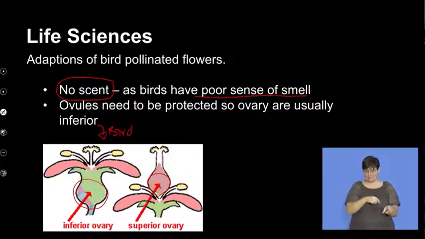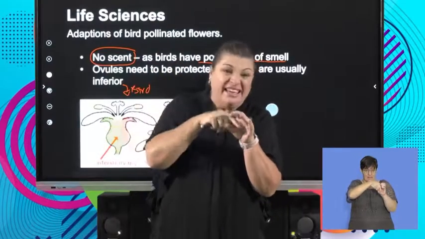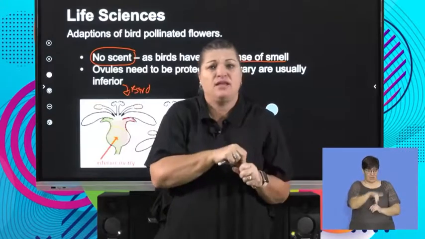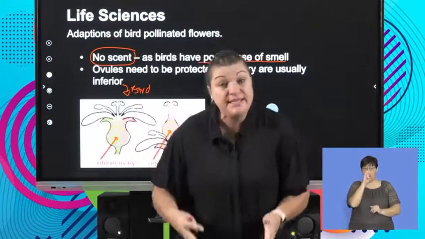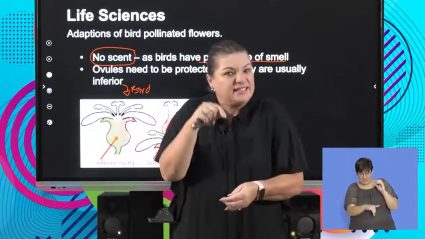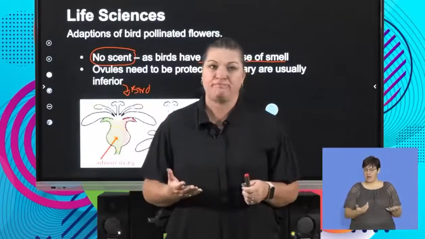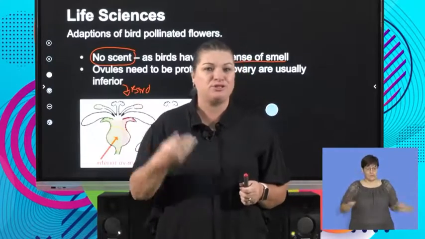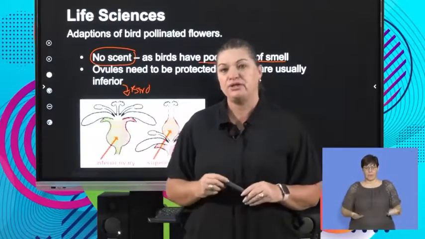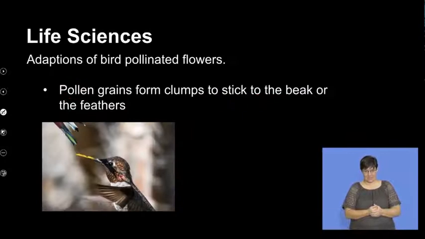Because if that beak comes in and goes into the flower, it could damage the ovary, and that damages the ovules. So the deeper in the plant you have the ovary, the less the bird is able to get to it. It would be a bit of a waste if the bird was destroying one of the reproductive structures, because then pollination would not be able to carry on.